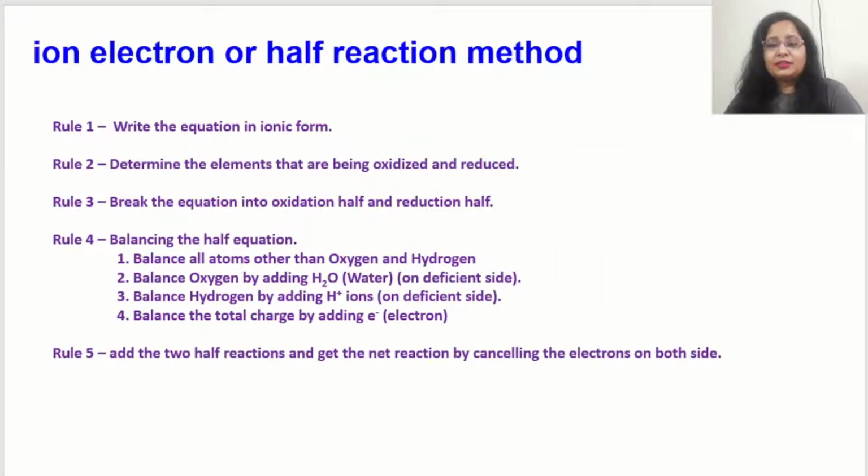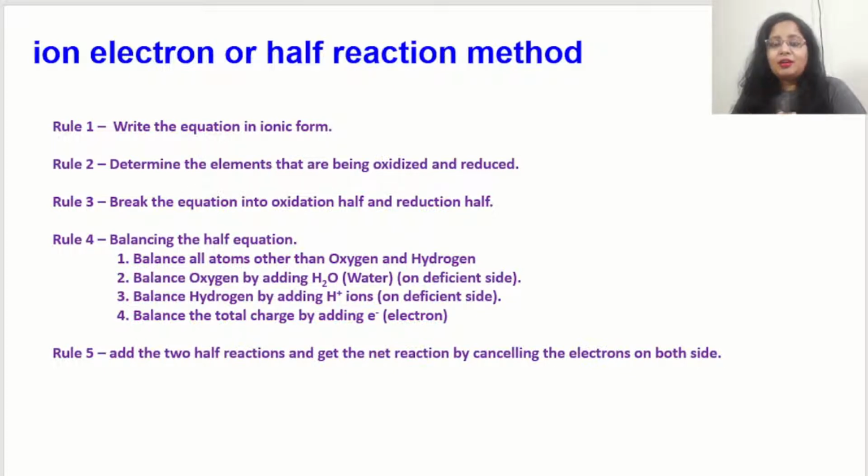First we will learn some rules about how to start. So first rule is write the equation in ionic form. Most of the time we will get the reaction in ionic form, no worry about that. Second rule is determine the elements that are being oxidized and reduced. So how to do this? When we write the oxidation numbers of elements, we will know that some elements show an increase in oxidation number after reaction and some show a decrease.